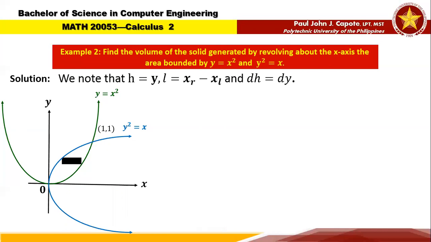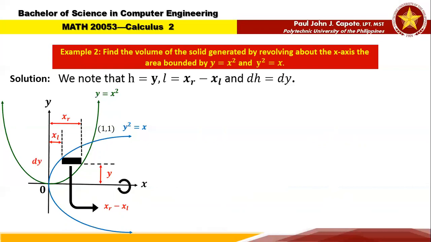Not the other one. h is equal to y, and L, which is the length of the rectangular element, is equal to x sub r minus x sub L. Because the left end of the rectangular element is x sub L units away from the y-axis, and its right end is x sub r away from the y-axis, and the width dh is equal to dy.